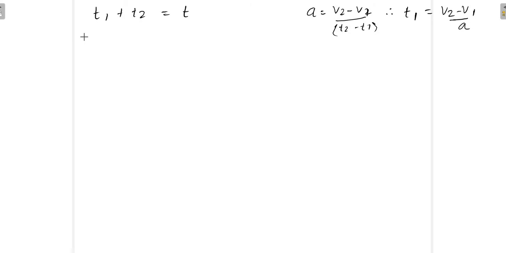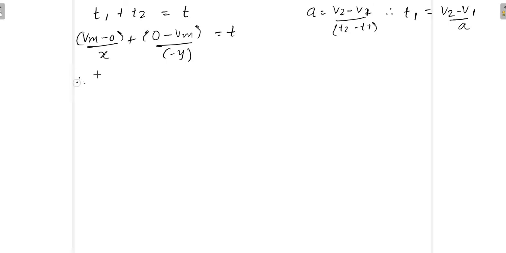Now what is v2? v2 was Vm over here and v1 was 0. So Vm minus 0 divided by acceleration, which was x. And in the second case, the final speed was 0, initial speed was Vm and deceleration was minus y. So that is this t2 value, and the sum is equal to t.